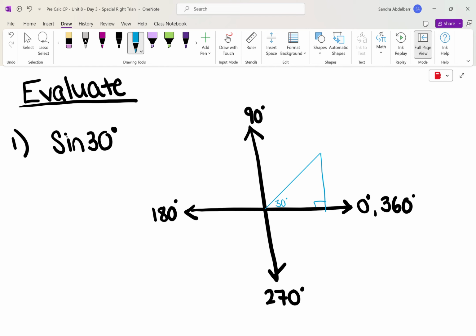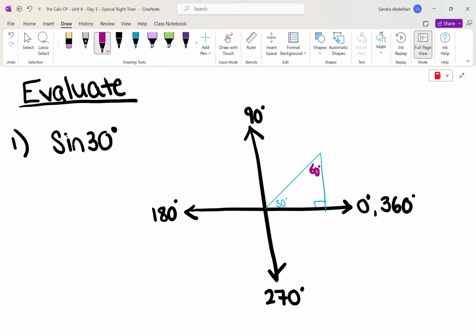Because I have a 30-degree angle and a 90-degree angle, how do I know that my last angle must be 60 degrees? Good, because all the angles in a triangle add up to 180. If I already have 30 and 90, only a 60 would add up to 180.